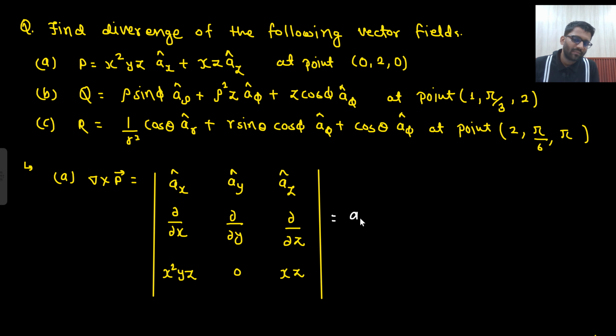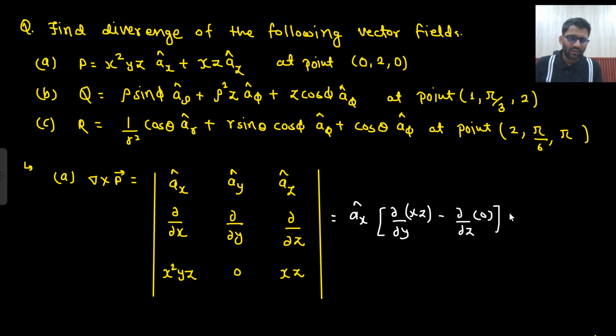So first ax cap will come. Then this complete row will be gone, and then del by del y. First I will write down everything. Del by del y xz minus del by del z 0. Del by del y xz. So only for one question I am writing it all. Plus here I will write plus ay cap.